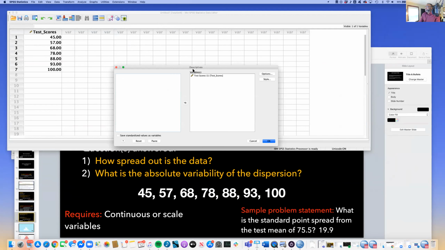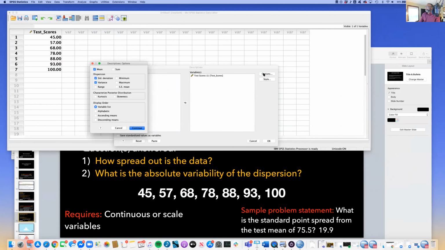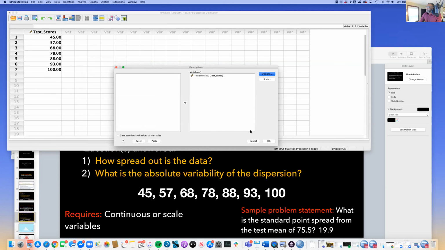And your variable should still be here in the box. You click Options. And then what you want to check is mean, standard deviation, and variance. You want to click Continue. And then you want to click OK.